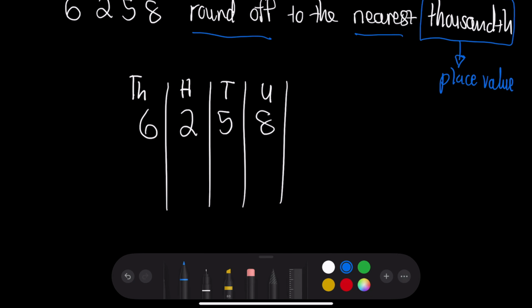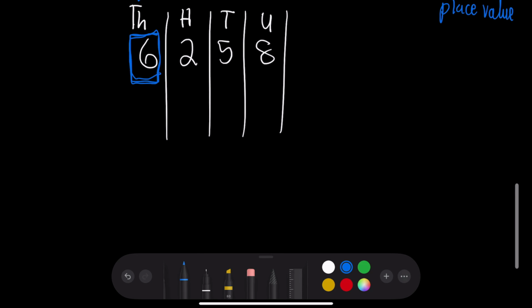Then I look for that specific place value within my number, and the place value would show the digit 6. Now if I'm rounding off, I must always look to the right of my place value.